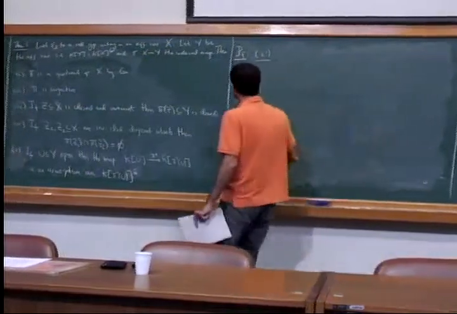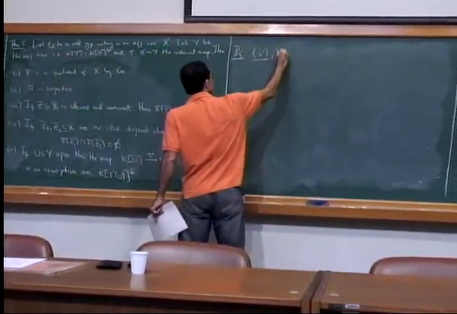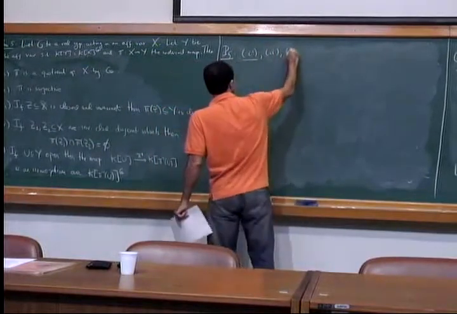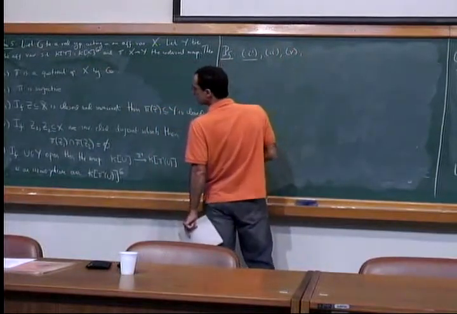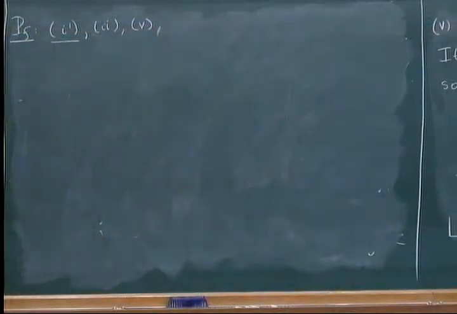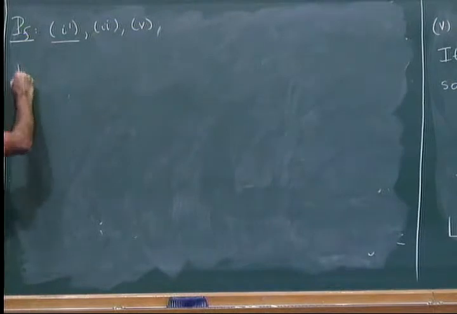Let's put here what we have already proved: I prime, double I, 5, and now we're proving 4. Okay. So, proof of proposition.